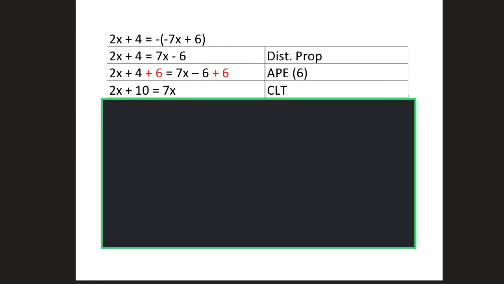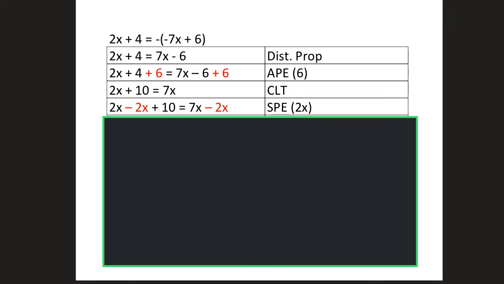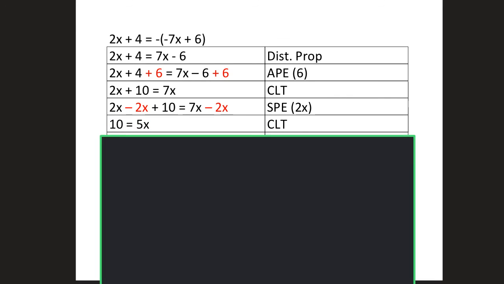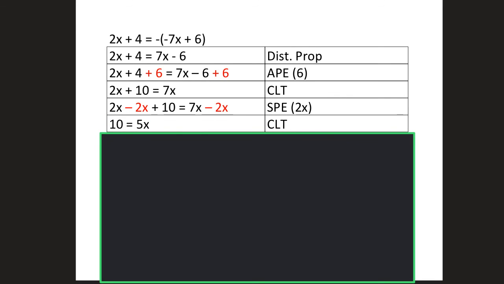So I have 2x plus 10 equals 7x. Next, I'm going to subtract 2x from both sides. So I have 2x minus 2x plus 10 equals 7x minus 2x. When I combine my like terms, I end up with 10 equals 5x. 7x minus 2x.